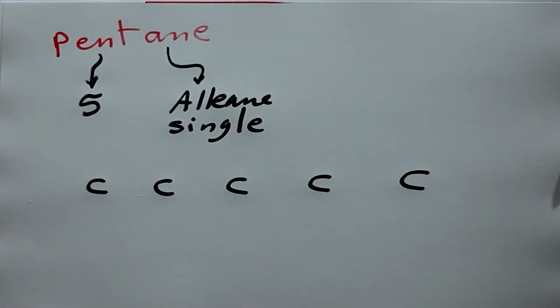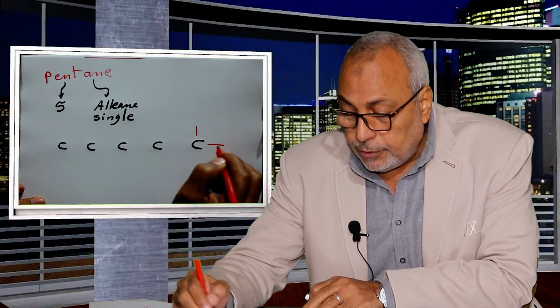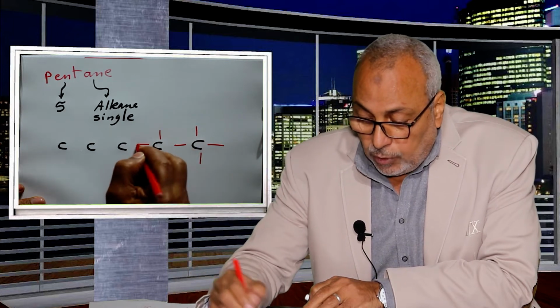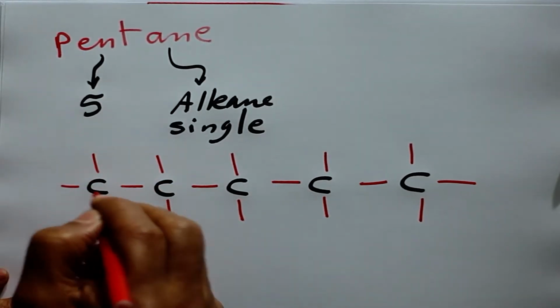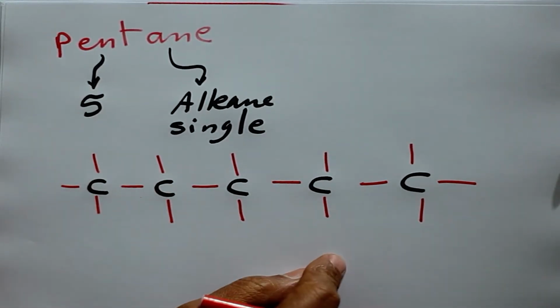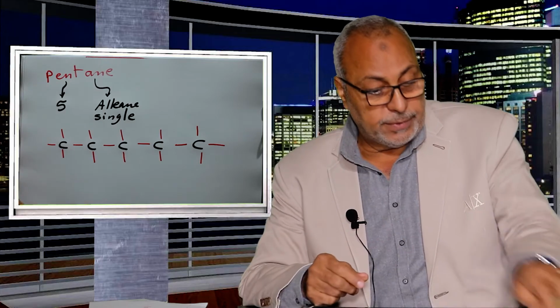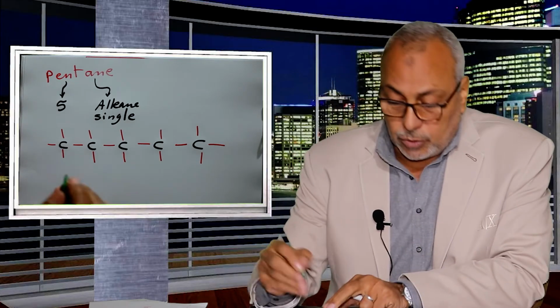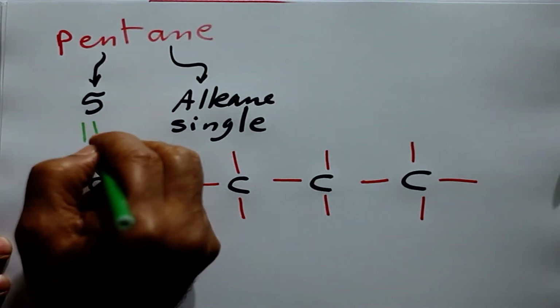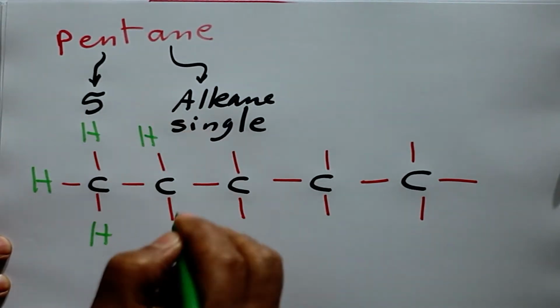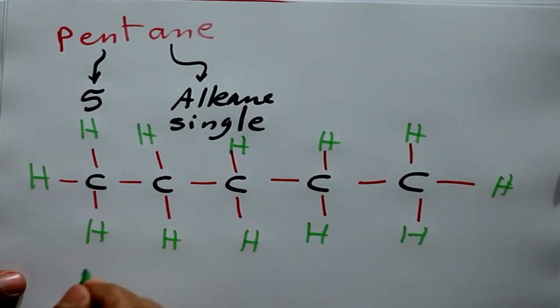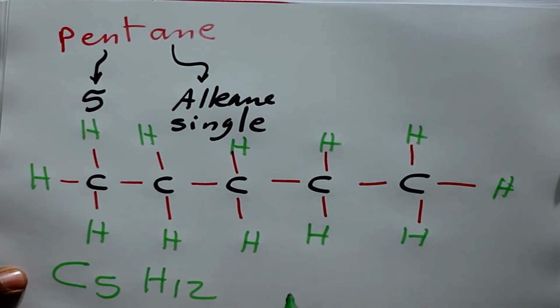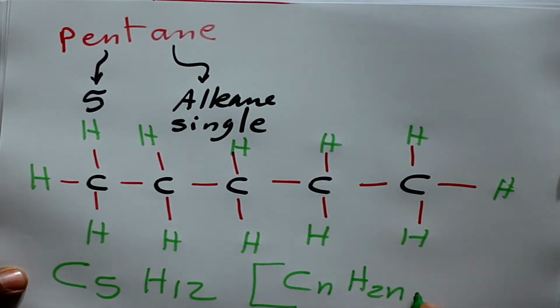Each carbon atom has 4 lines, and we will complete the structure with hydrogen atoms. So it is called a hydrocarbon, C5H12, according to the general formula CnH2n+2.